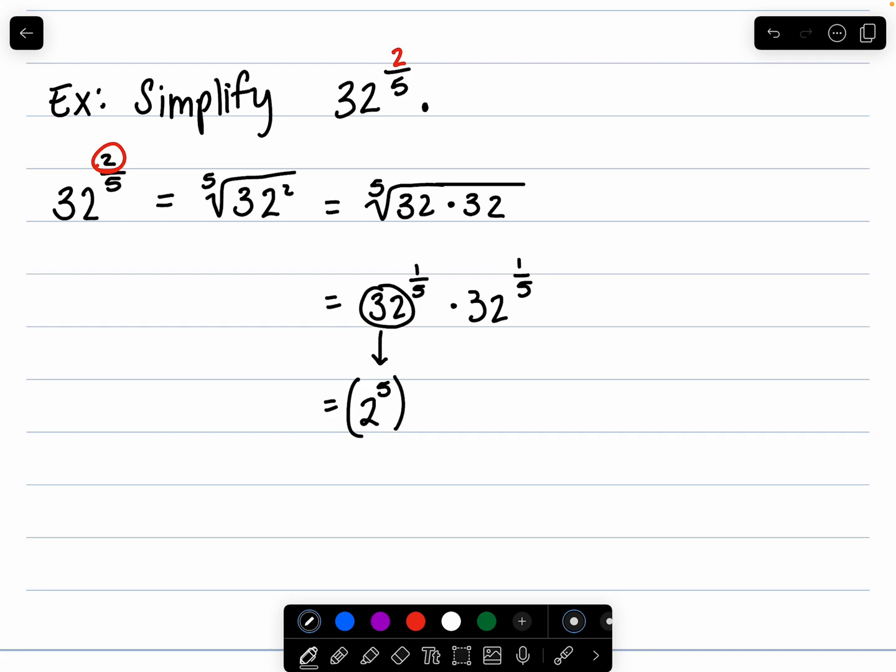So I'm replacing 32 with 5 2's, and I'm putting the exponent back. Same thing here, 1 over 5. And then we multiply the exponents.